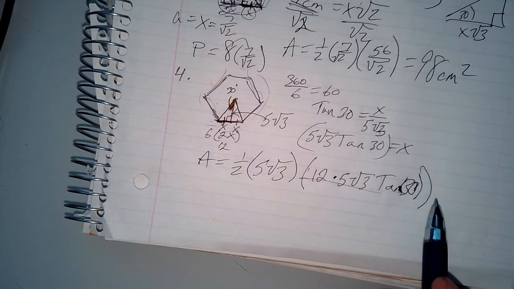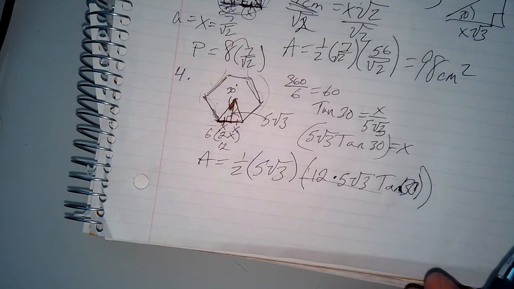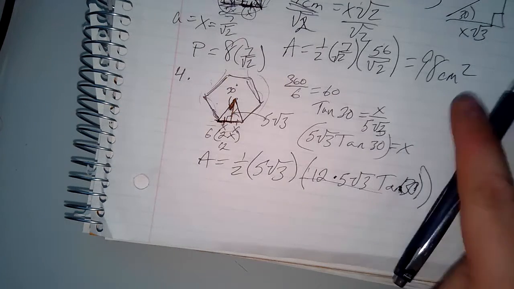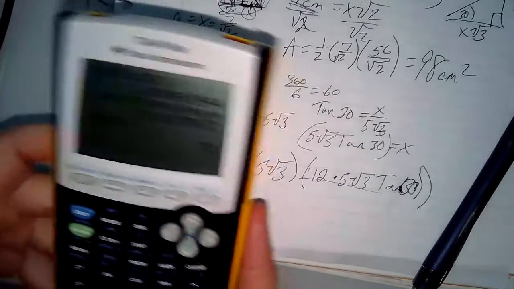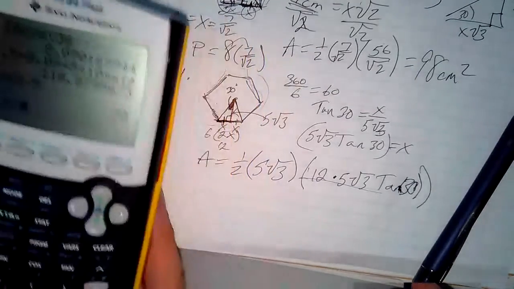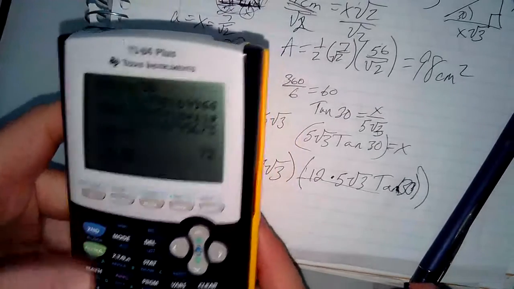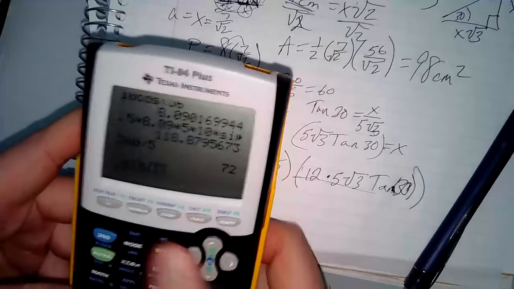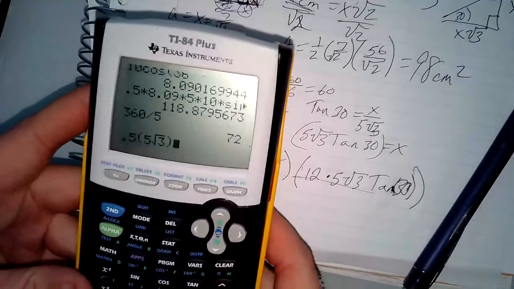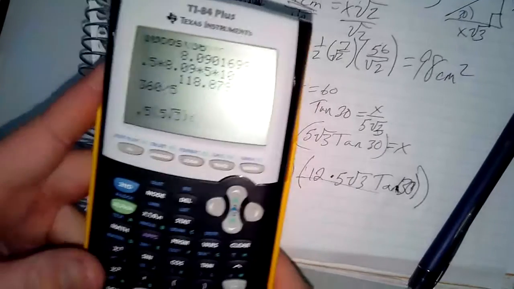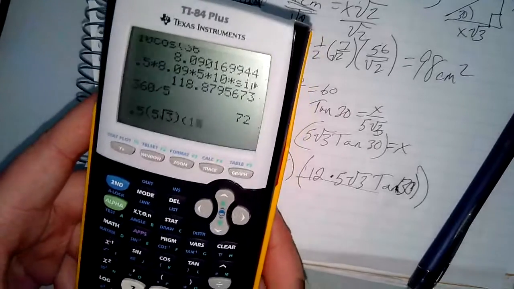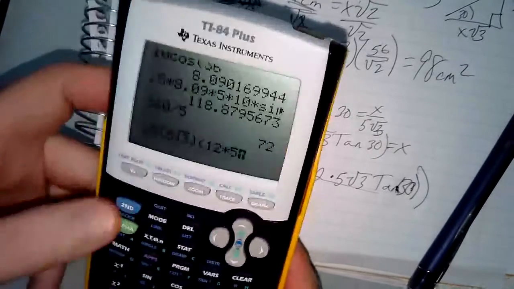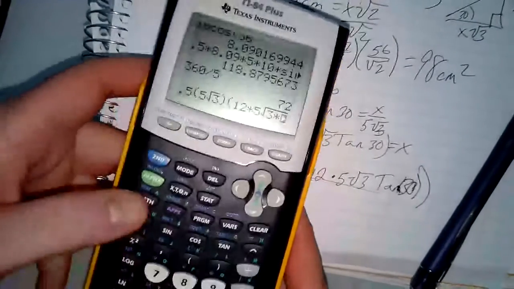All right. So 0.5 times 5 root 3 times 60 root 3, or 12 times 5 root 3 times tangent of 30.